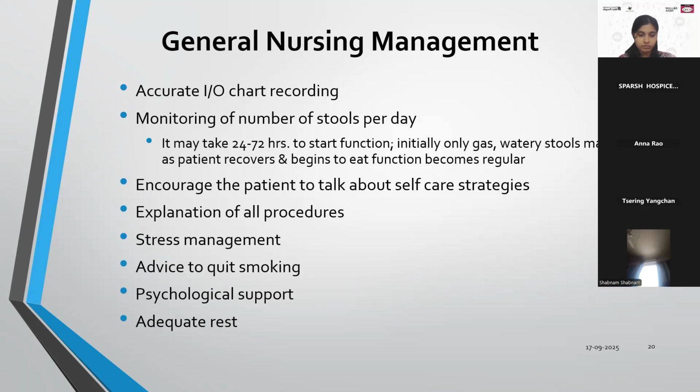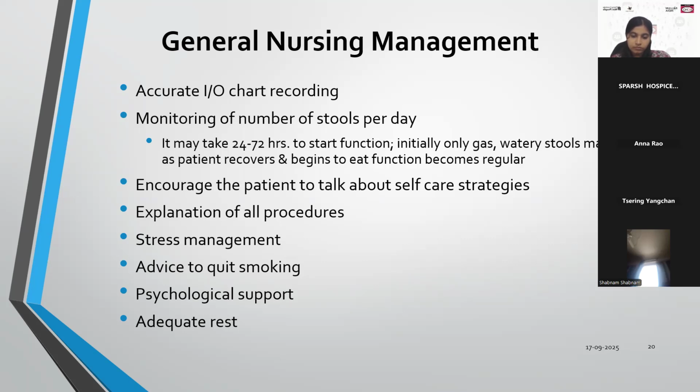Initially only gas may be coming. As the patient's diet is resumed, then slowly the fecal material will appear in the bag. The type of stool will depend on where the stoma is made, so that we will see further.